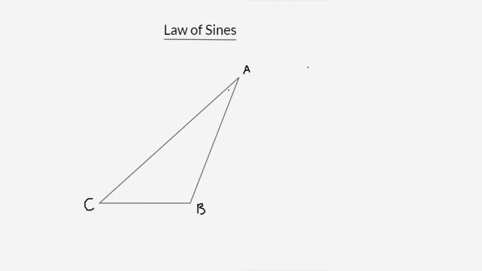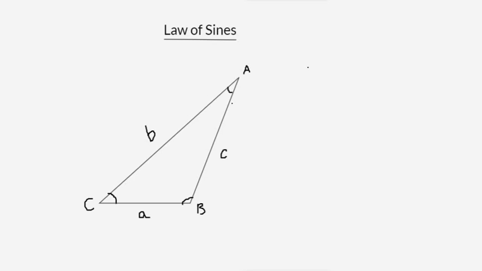Angle A and side A will be opposite to each other. Side A, which is written with a small letter a, is opposite to angle A. Similarly, side B is opposite to angle B, and side C is right opposite to angle C.